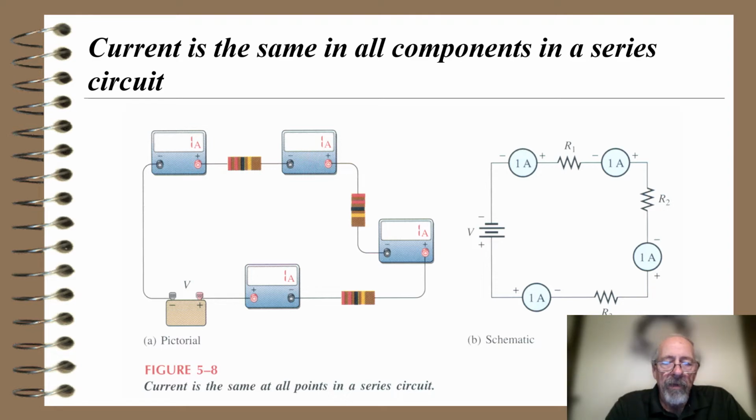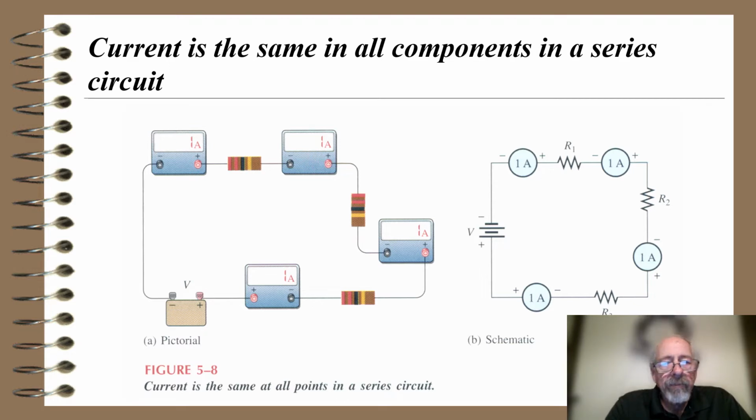In this pictorial diagram, we see a battery, the 3 resistors we had previously, and 4 current meters. You'll notice the 4 current meters all have the same 1 amp through them. And again, the current meter has to be put into the circuit. The schematic on the right-hand side is the same as the one on the prior slide, except now we see the current meters.